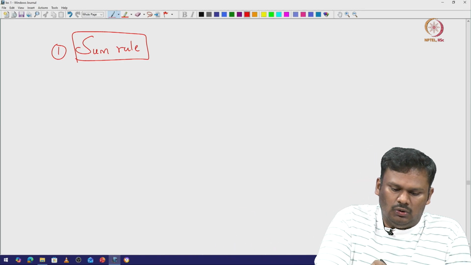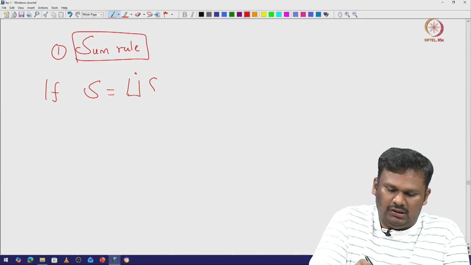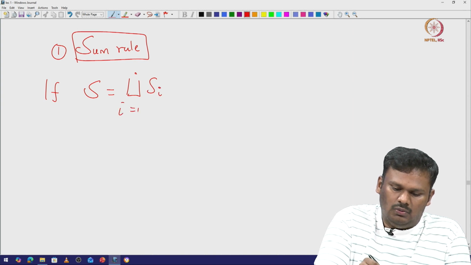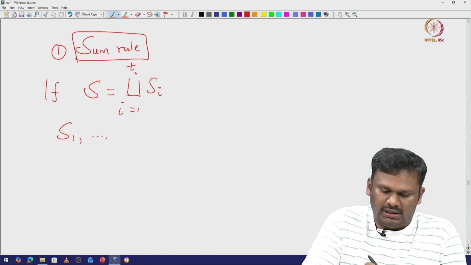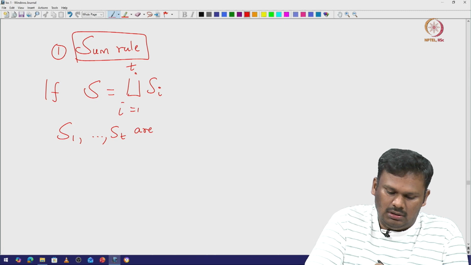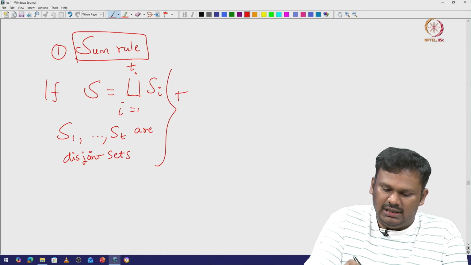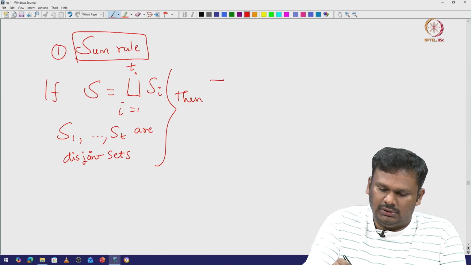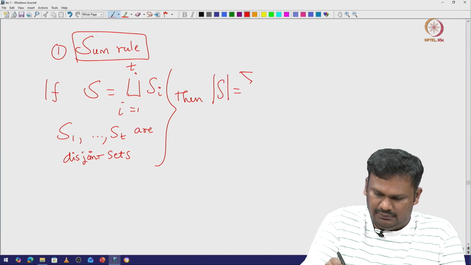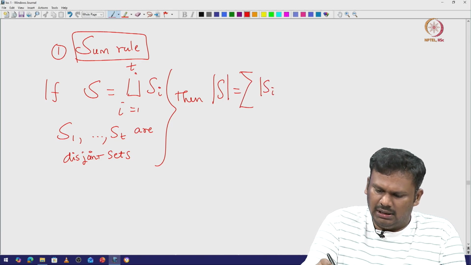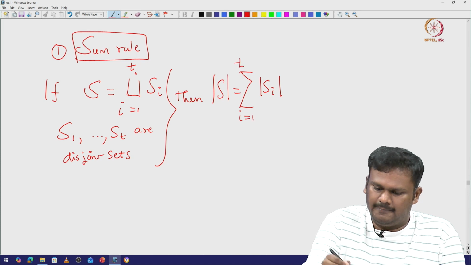In more mathematical terms, if S is a disjoint union of S_i, let us say from 1 to t, so note that all these S_1 through S_t are disjoint sets. With this, the cardinality of S is exactly given by the summation of the cardinality of S_i, where i ranges from 1 to t.